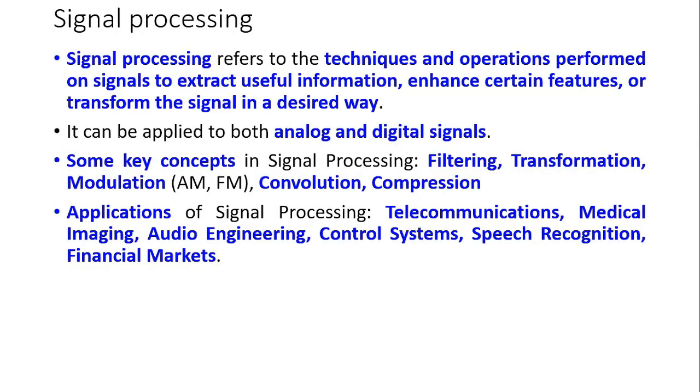Now coming to the processing. The course title is Biomedical Signal Processing. Now, what is signal processing? Signal processing is nothing but when we apply a set of processing techniques, which are basically mathematical operations, on a particular type of signal so that we can extract useful information from it, we can enhance its features, or we can transform the signal in a desired way.